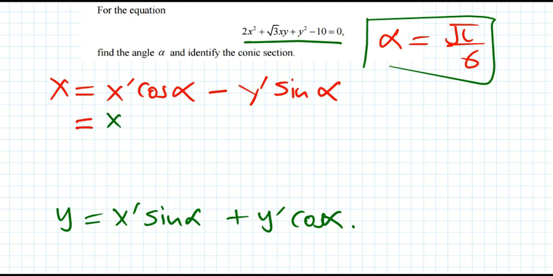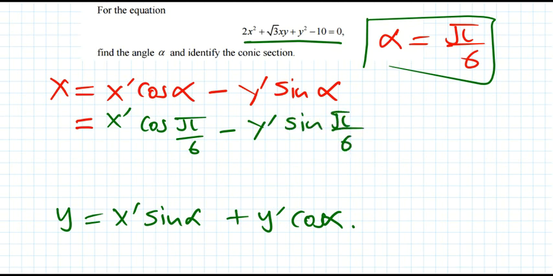x prime cosine of the angle pi over 6 minus y prime sine of pi over 6. Okay, now I've already made a comment. Pi over 6 is equal to 30 degrees.